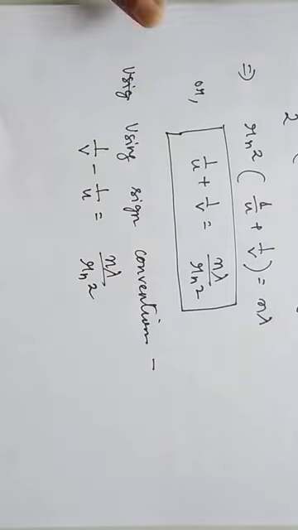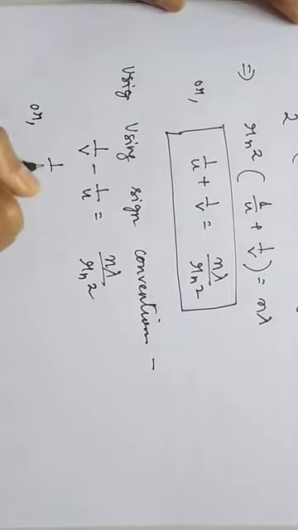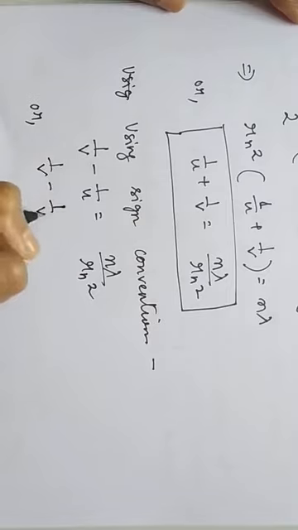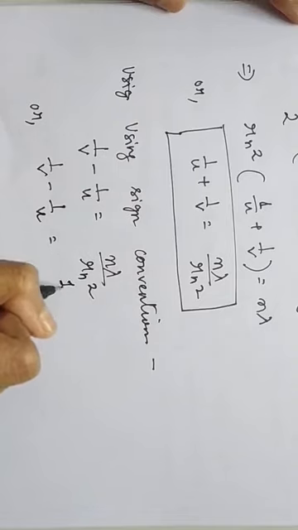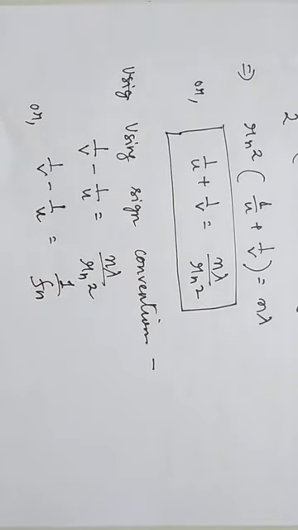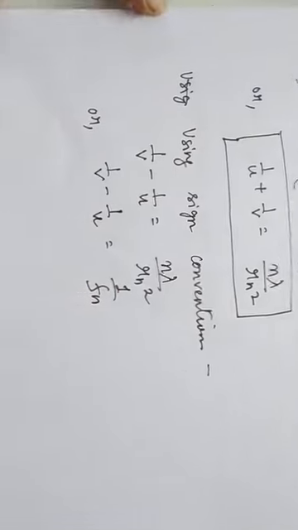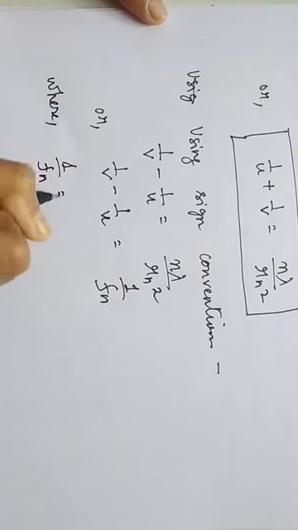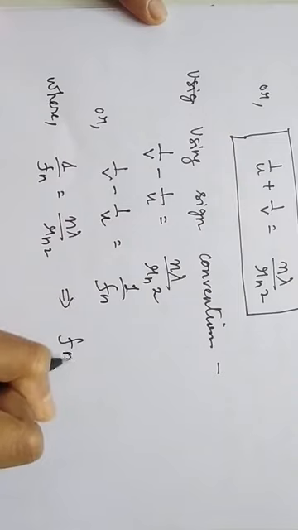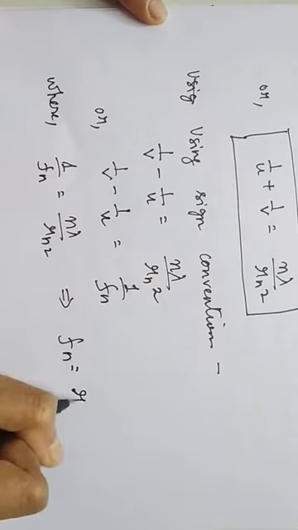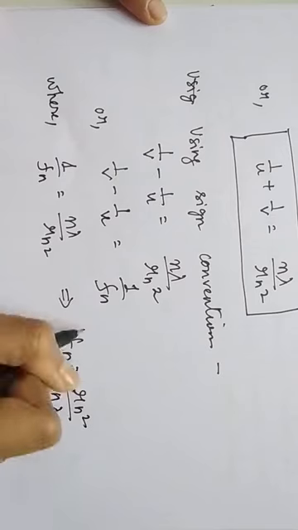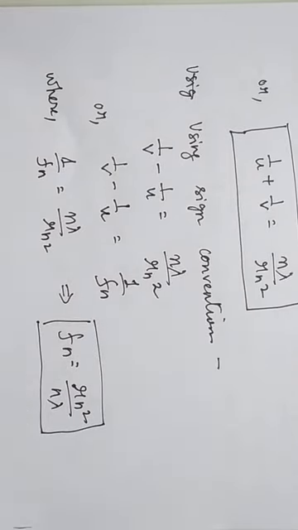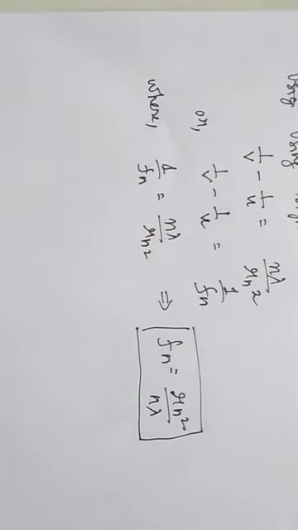Or we can write it as 1 by v minus 1 by u equals 1 by fn, where 1 by fn equals n lambda by rn square, that is, fn equals rn square by n lambda. Which is very similar to the convex lens formula.